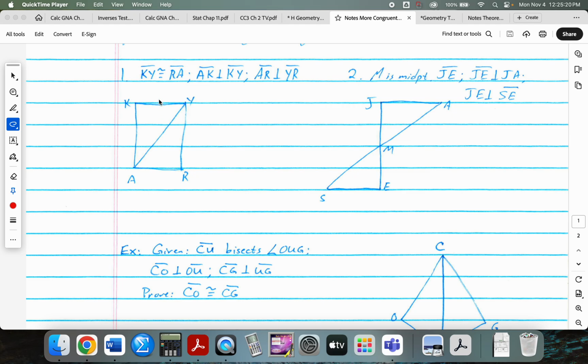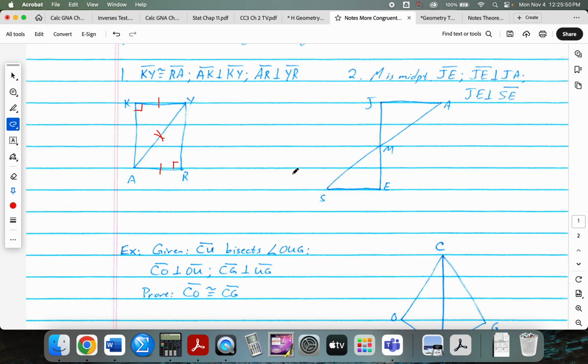So here, segment KY is congruent to segment RA, and then AK is perpendicular to KY, so I know that's got to be a right angle. And AR perpendicular to YR, that means angle R is a right angle. I can also add that segment AY is congruent to itself by the reflexive property.